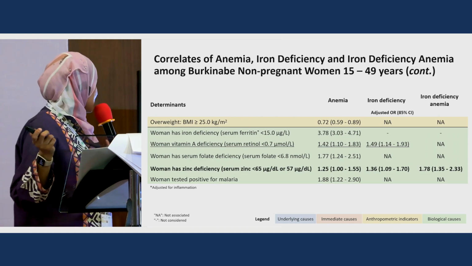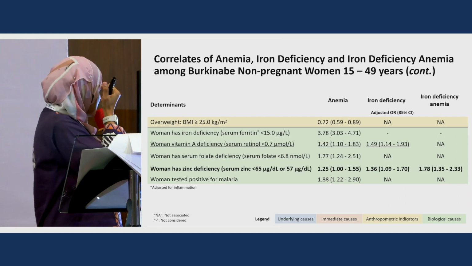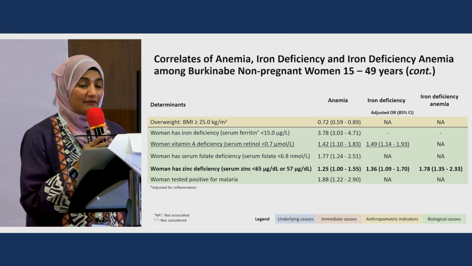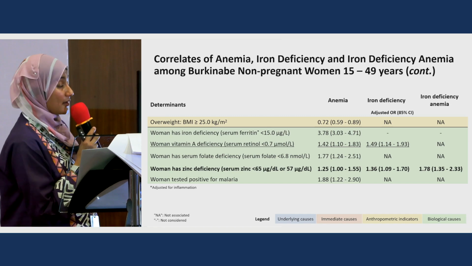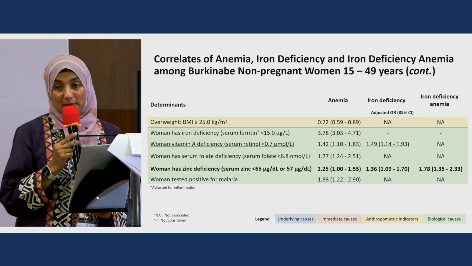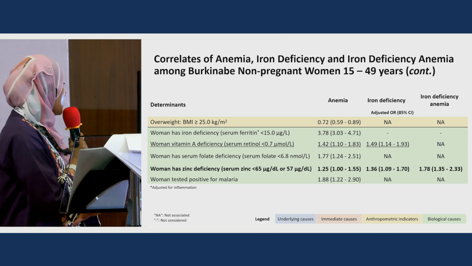So the only anthropometric indicator that was associated among women was being overweight, or having a BMI of greater than or equal to 25. And that was found to be protective against anemia.